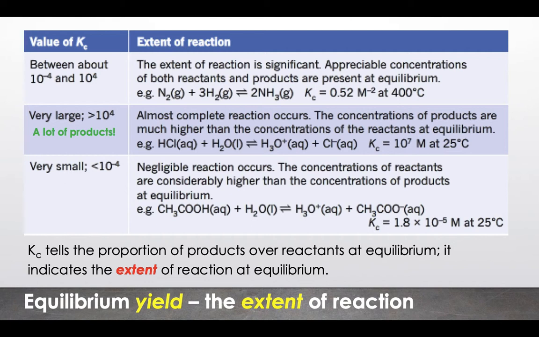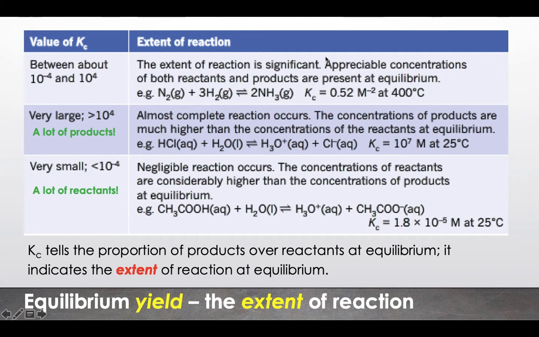Okay? On the other hand, if your Kc is smaller than 10 to the power of -4, it means when the reaction reaches equilibrium, it will have a lot of reactants. So in terms of production, if I added a lot of reactants, but in the end there's still a lot of reactants, it means this reaction is not suitable for industrial production of a particular product.